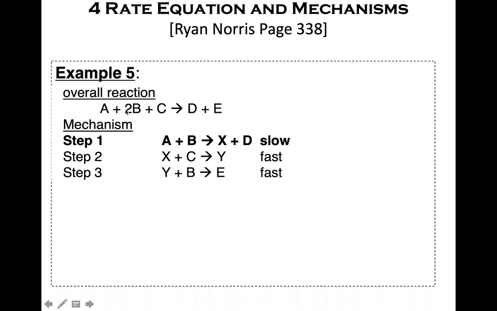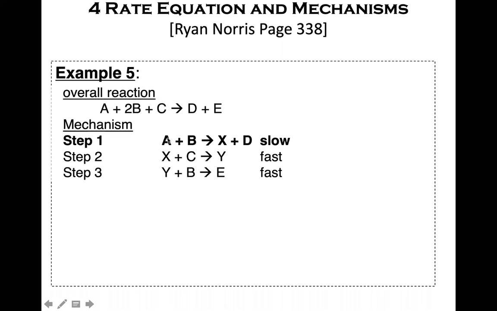Reactant A reacts with 2 moles of reactant B plus reactant C to form product G and product E. That is the overall equation. The mechanism is actually a 3-step mechanism.